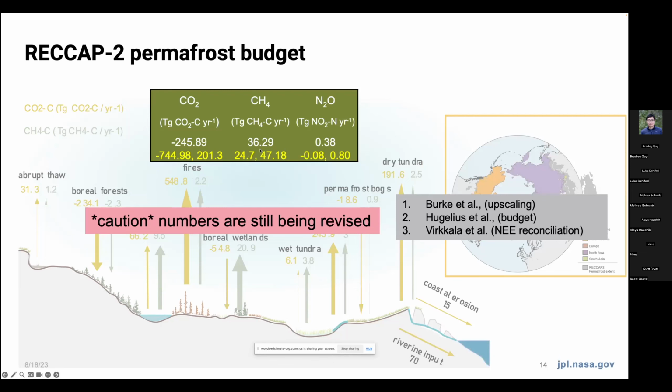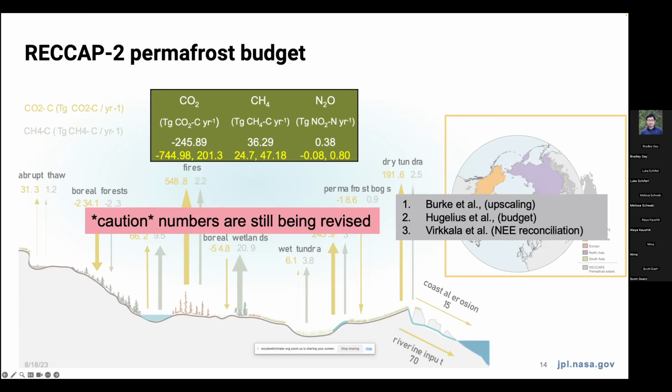These numbers are still being revised because we just got some updated estimates for the top-down inversions from GCP that I received from Ingrid, and some of the process-based models are also being revised. There are three sets of papers in preparation right now. One by Eleanor Burke, which focuses just on the upscaling method and the flux estimates that come out of that.